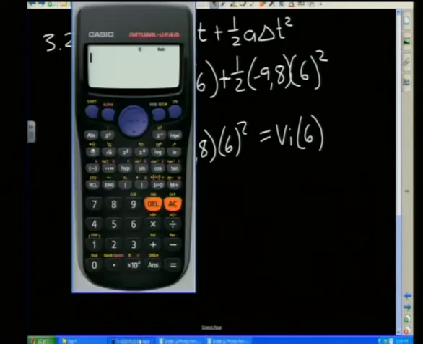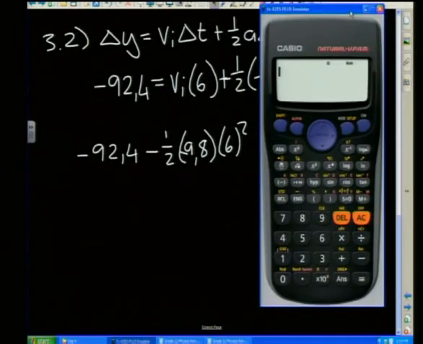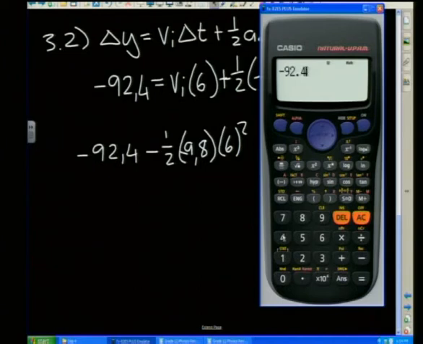Let's tidy it up with our calculator. I'm going to start to enter in the left-hand side: negative 92.4 minus, and let's put in my half, so 1 fraction 2. Then negative 9.8, and don't forget that we've got 6 squared in the next bracket, another thing that everyone forgets.